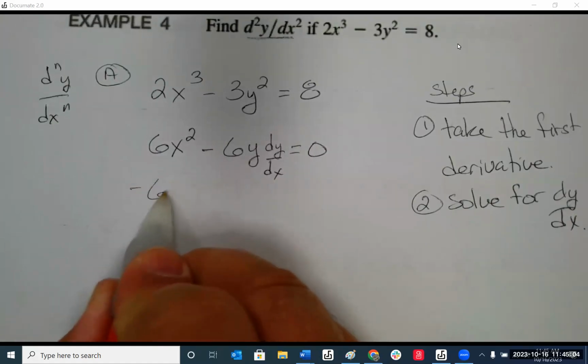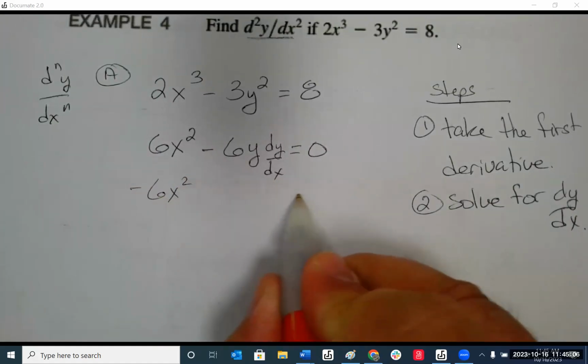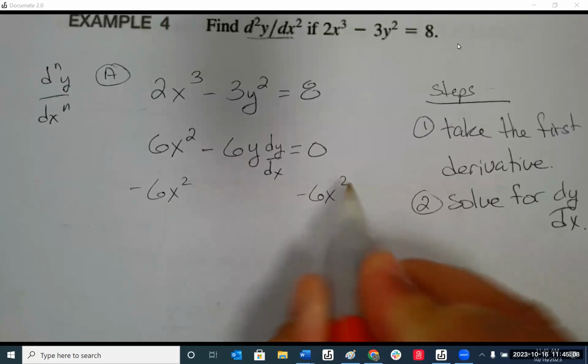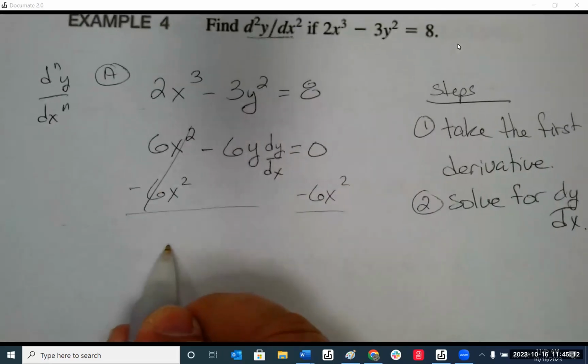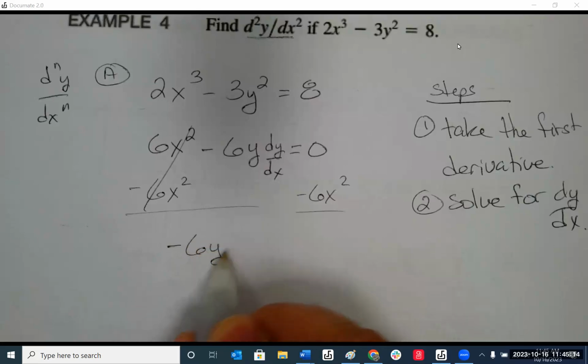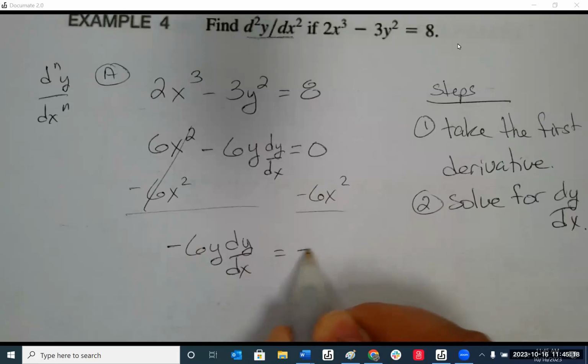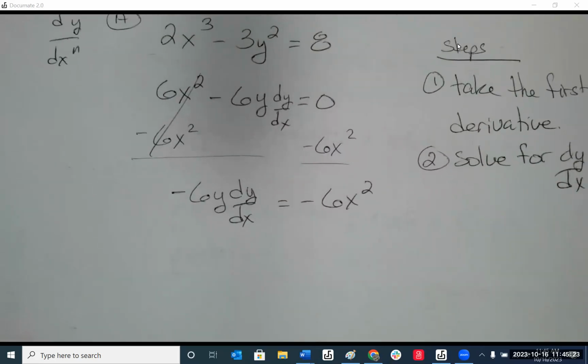So we have to subtract 6x squared from both sides. Negative 6y dy/dx equals negative 6x squared.